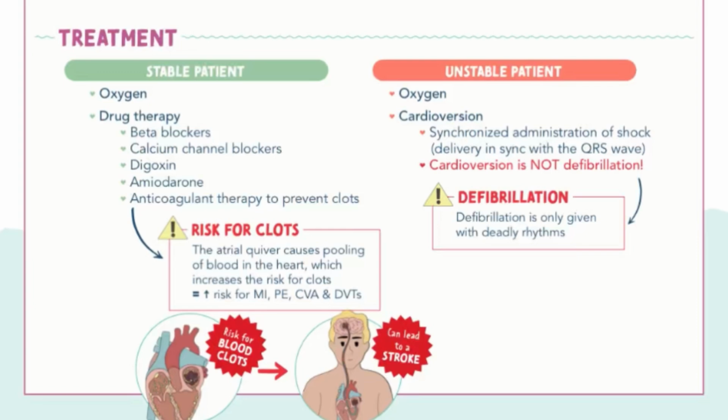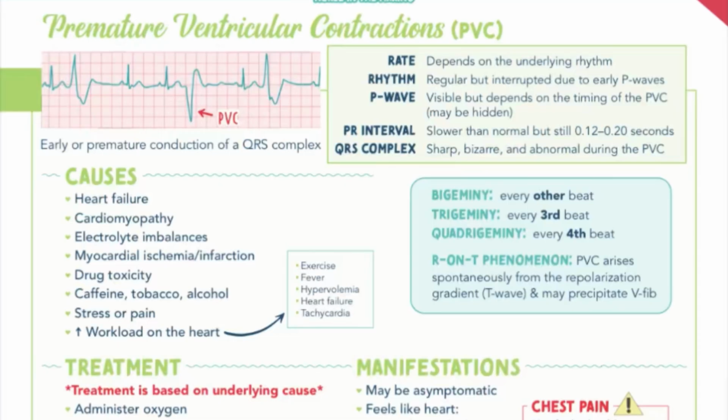And next, premature ventricular contractions, PVC. In PVC, basically what happens, you can see in the ECG strip, there is early or premature conduction of QRS complexes. The rate depends on the underlying rhythm, a rhythm that is mostly regular but interrupted by an early beat. The P wave is sometimes visible, but depending on the timing of the PVC it may be hidden.